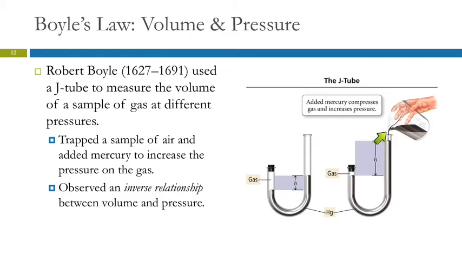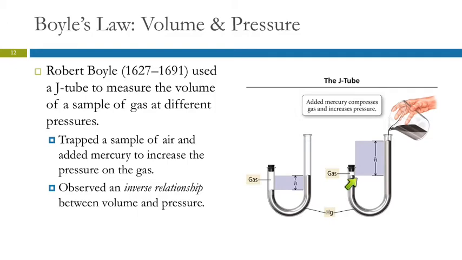So then what he would do is he would pour more mercury into this side, which would put more pressure on this gas. The gas would get squished, but the pressure is larger because the height difference is larger. So he could put pressure on the gas just by adding more mercury to the tube.